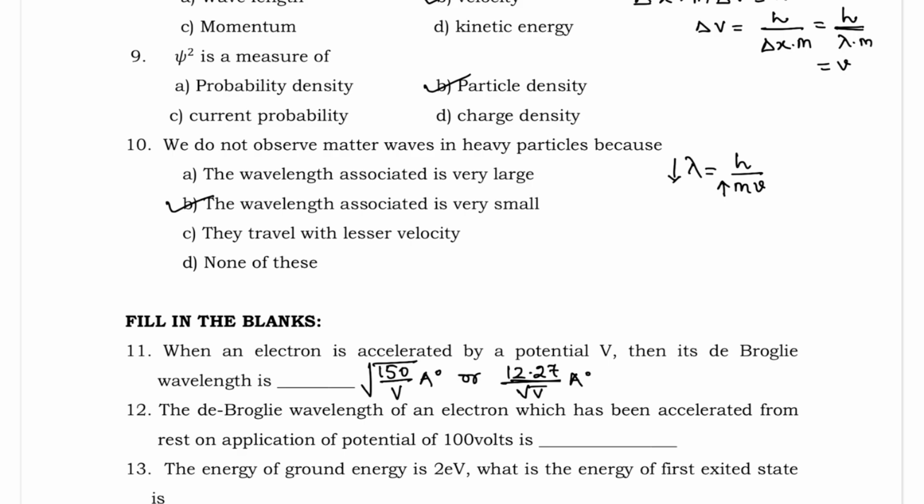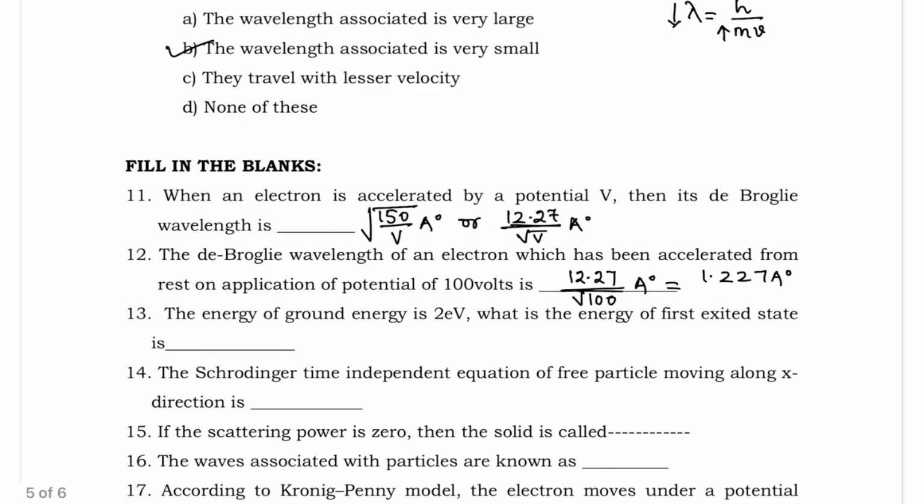De Broglie wavelength of an electron which has been accelerated from rest on application of a potential of 100 volts is. So the answer is 12.27 by root of 100 angstroms, which is equal to 1.227 angstroms.